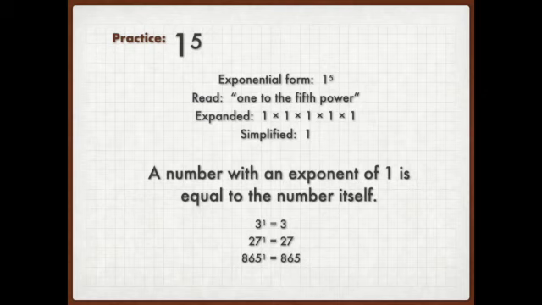Now, any number that has an exponent of 1 gives us the same number. So it's just 3, you can't multiply it by another 3, it's just 3 by itself. 27 to the exponent of 1, to the 1 power, that would just be 27. 865 to the 1 power is just 865.